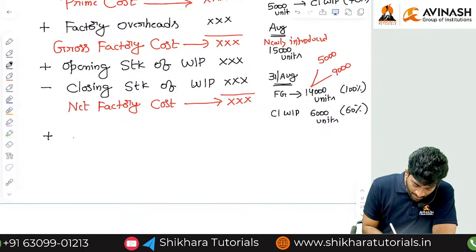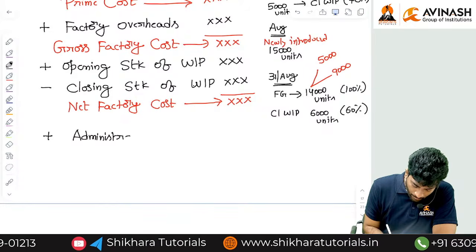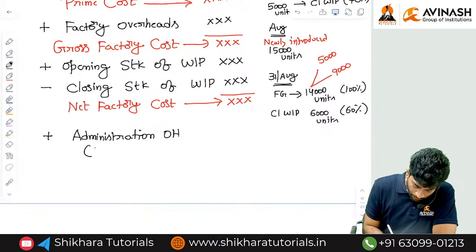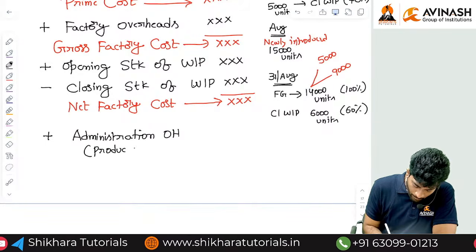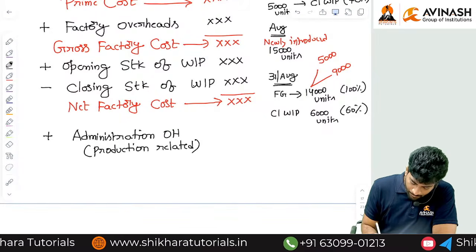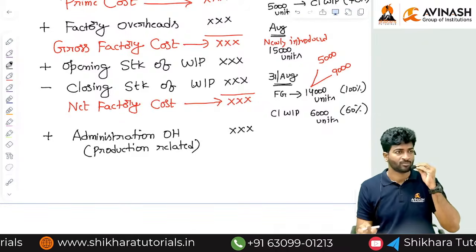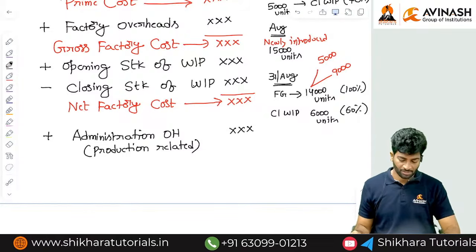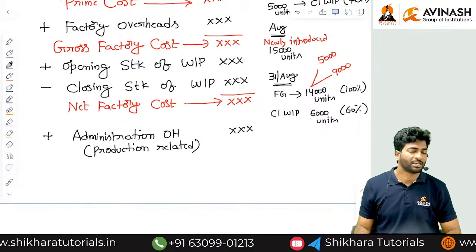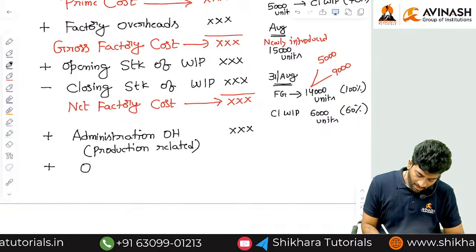And remember, that administration overhead should be production related. Then you can add here, and if the manufacturing firm is incurring any quality control cost.